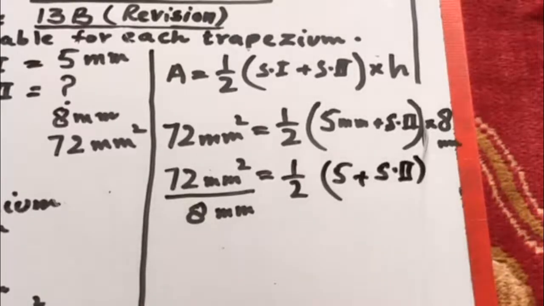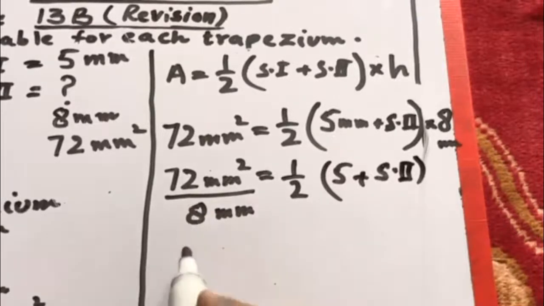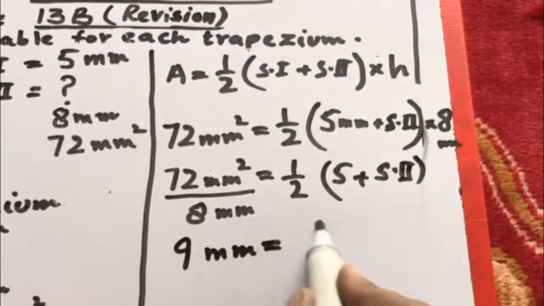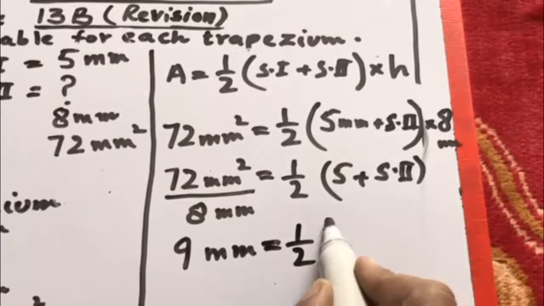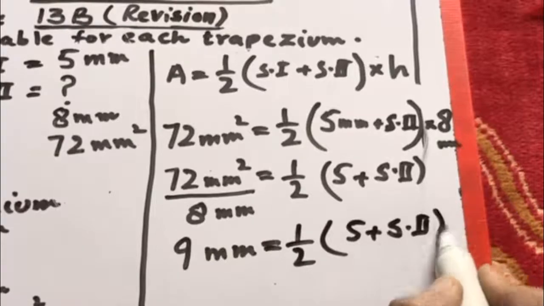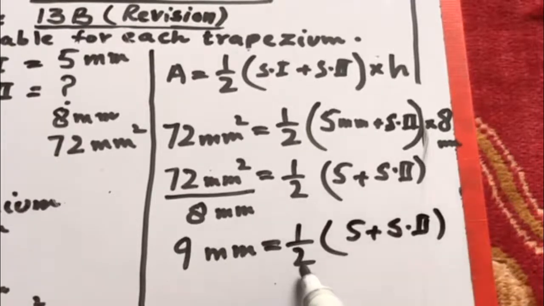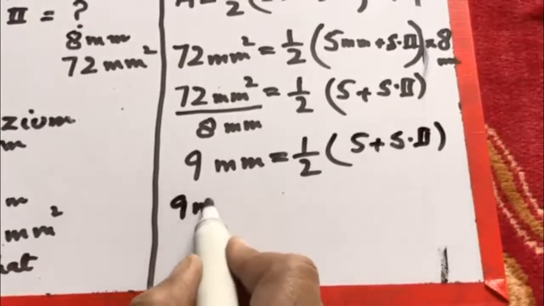If we simplify 72 by 8, we will have 9, since 8 nines are 72 millimeter, equal to 1 over 2 into 5 plus side 2. 2 is dividing here, so by shifting it to the left side, it will multiply 9.